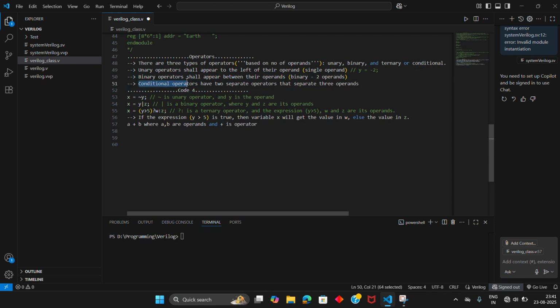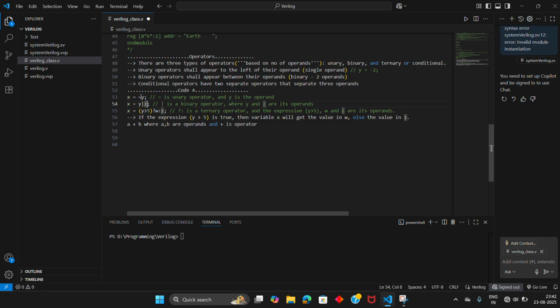The conditional or ternary operator has two separate operators that separate three operands. In the case of unary, you have a single operator and a single operand. In the case of binary, you have a single operator and two operands. There is only one operator, or, and two operands, y and z.